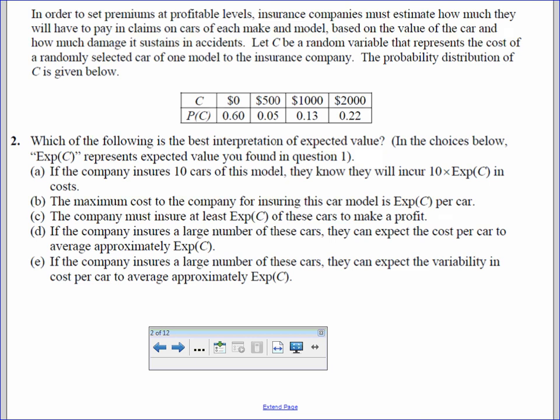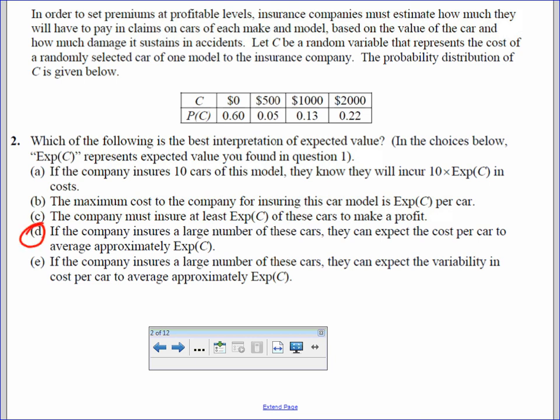So this question is asking, what exactly does expected value mean? And the expected value would be that on average, they would pay out that $595 for every car they insure of this model. So that answer is D. And if the company insures a large number of cars, they can expect the average cost per car.